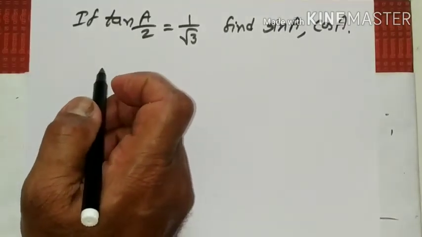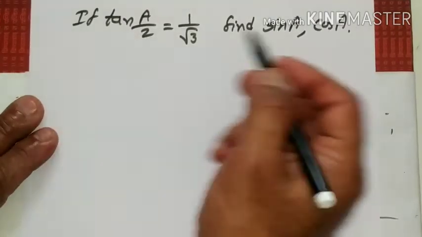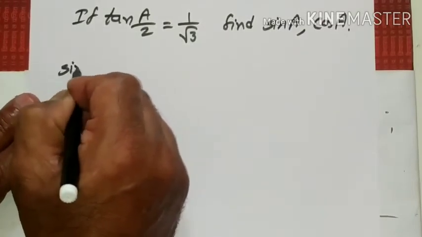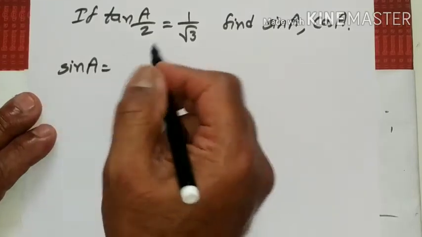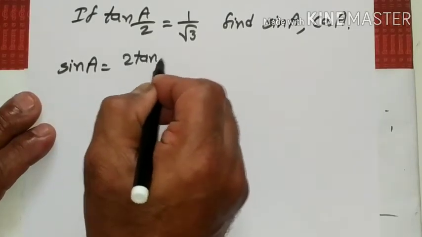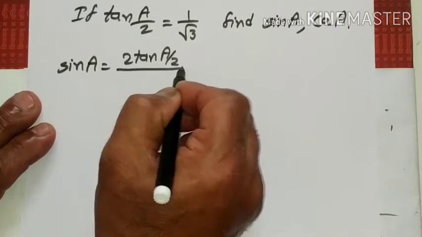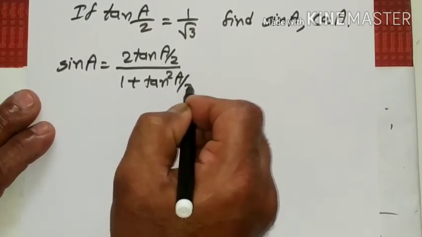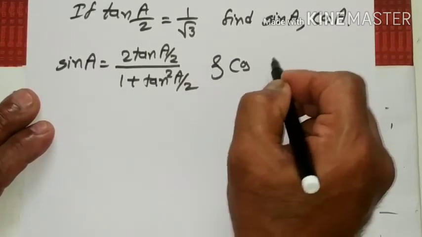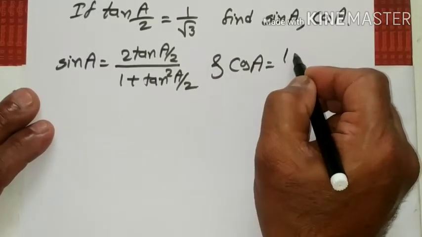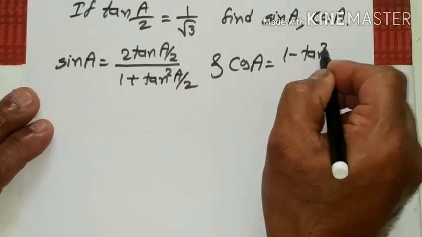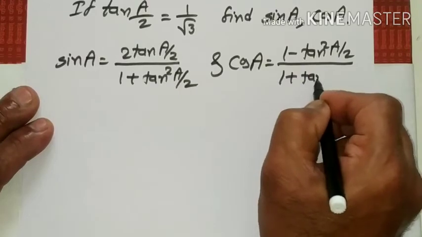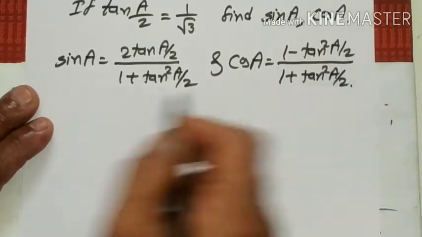According to submultiple angle formulae, sin a is equals to 2 tan a upon 2 divided by 1 plus tan square a upon 2, and cos a is equals to 1 minus tan square a upon 2 divided by 1 plus tan square a upon 2.